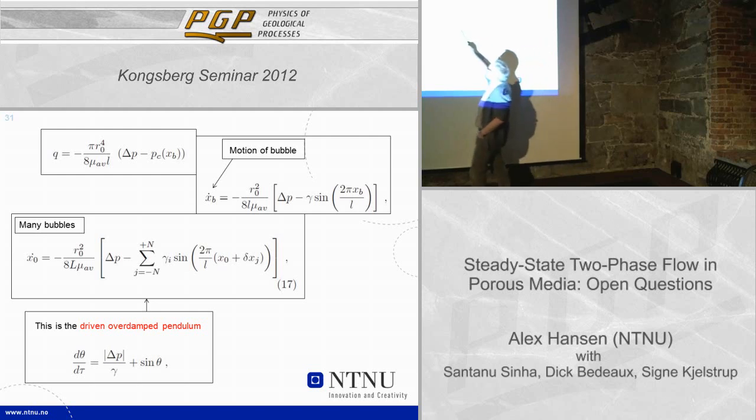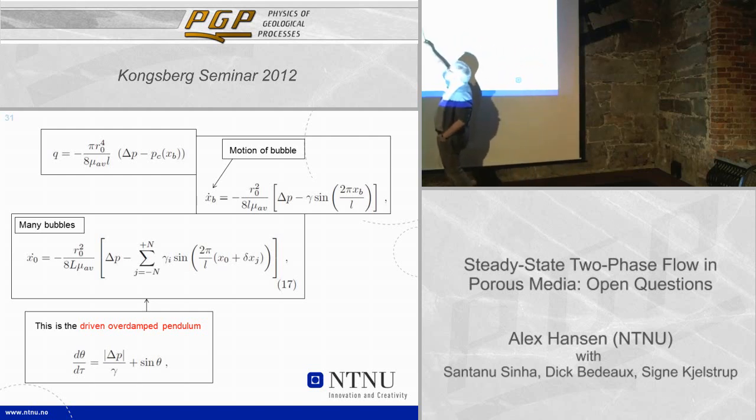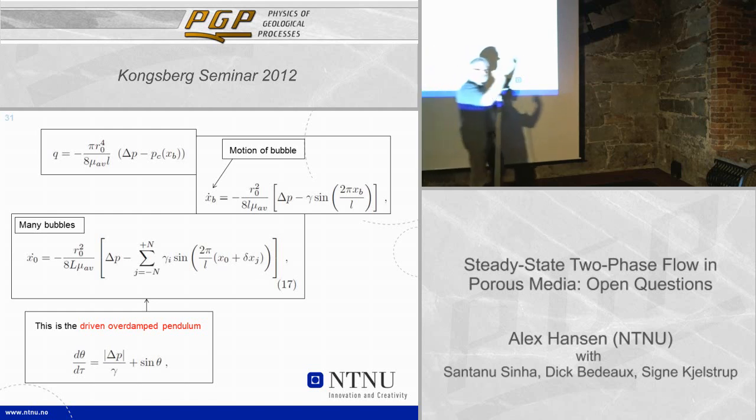Here is what's called the Washburn equation, which is just a small generalization of the Darcy equation. So here's the pressure drop across the tube. Here is the pressure drop across the bubble because of the surface tension. Here's the permeability, and here's the flow rate. And of course, the bubble simply follows the flow rate, because what else can it do?